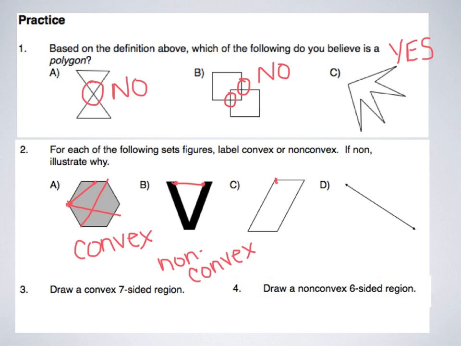Here, point, connect, stays inside, so does that one, so does that one. This one's convex. What about a line? If I pick 2 points on the line and connect them, does it always stay on the line? Yep, it sure does, so that's convex.